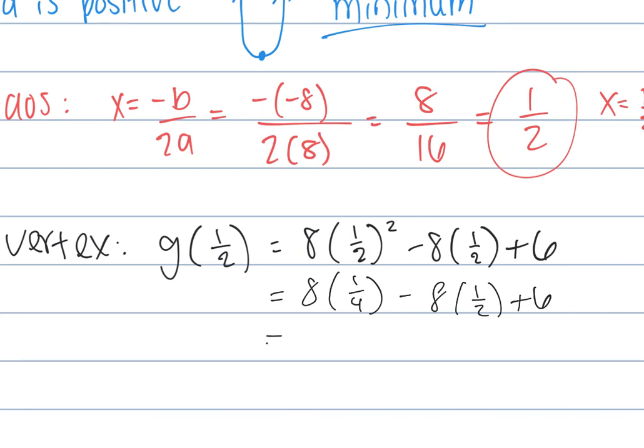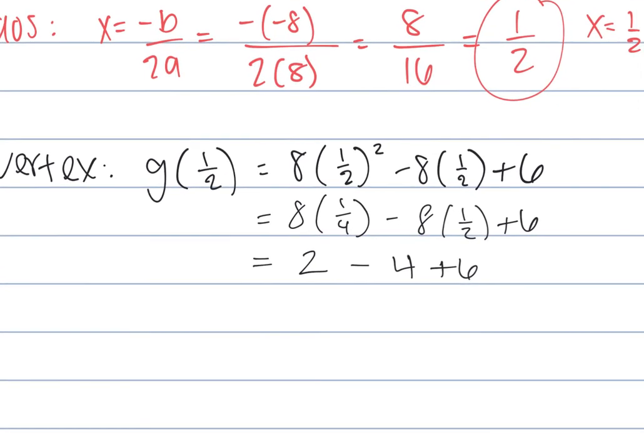Who's pretty good with those fractions? What's 8 times 1/4 going to give me? Bryson? It's going to be 8 over 4, which is 2. And then what's 8 times 1/2? It's going to be 8 over 2, which is 4, and then plus 6. All right, so then we have 2 minus 4 gives me -2, plus 6 should give me +4.